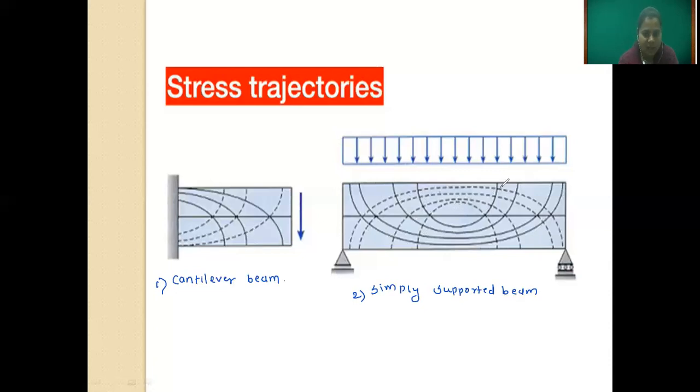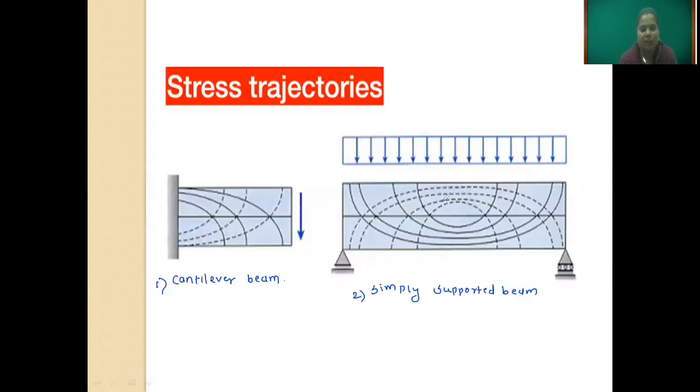So these are the lines in a stressed body tangent to the direction of one of the principal stresses at every point. So these lines are tangent to the principal axis. Now you observe in this figure, bending stresses come from normal stresses.